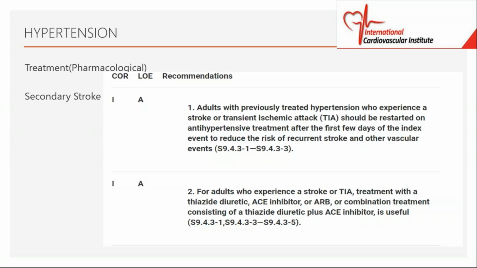All right. So this is the recommendation as presented in the journal. So basically the same thing that we have been saying. So class 1 indication, level of evidence A, adults with previously treated hypertension who experience a stroke or CVA should basically, if the patient has had a stroke and they're hypertensive, just put them back on the medicine, the class 1 medicine, and then you can add on.